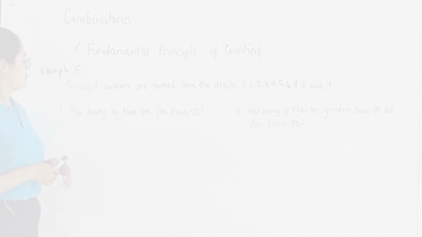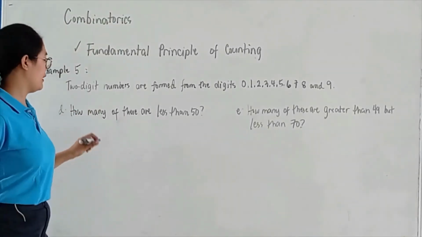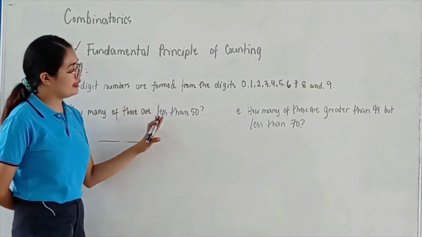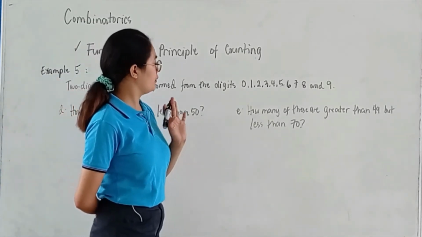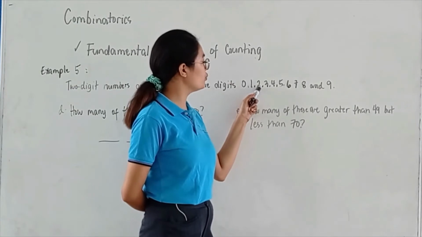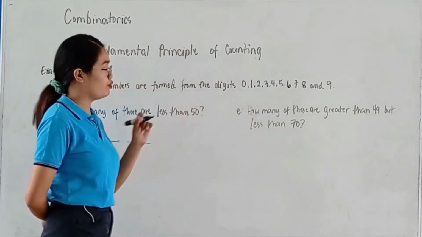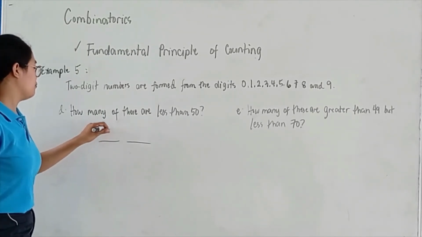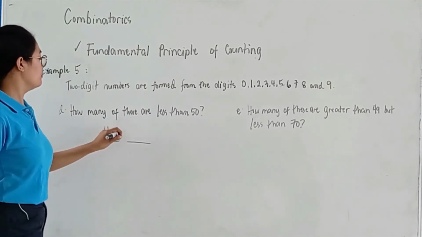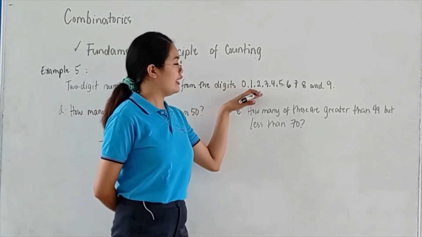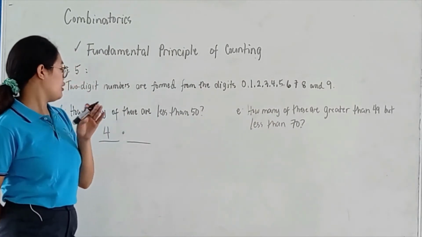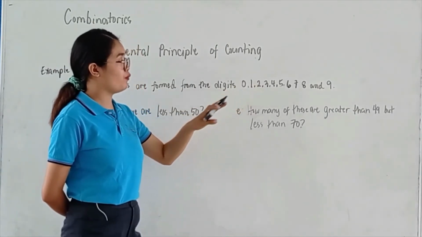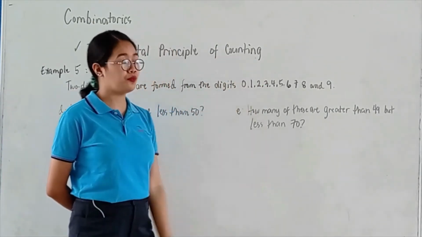Okay. For letter D, how many of these are less than 50? We are interested in forming two-digit numbers. If it's less than 50, meaning our two-digit number can start with 1, 2, 3, or 4. So we have 4 options for our first digit. Multiply by 10 digits, because if our number is less than 50, any two digits starting from 1, 2, 3, and 4 and ending with 0 to 9 would be less than 50.